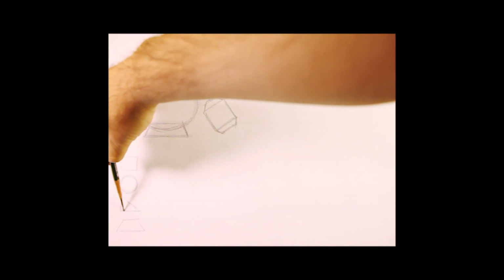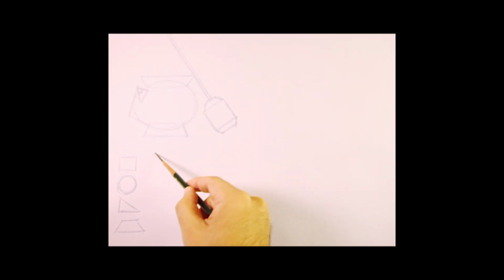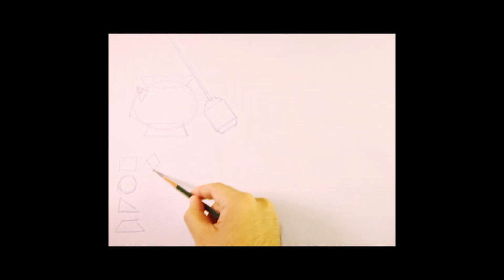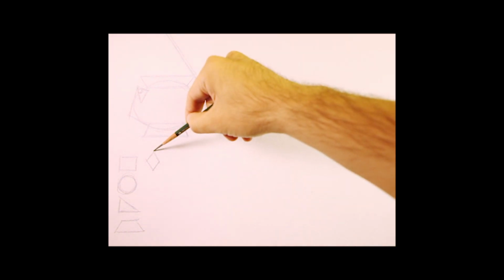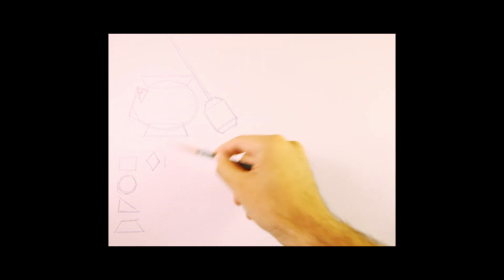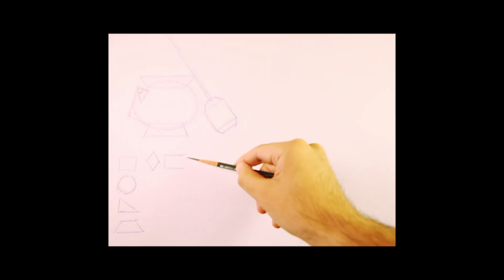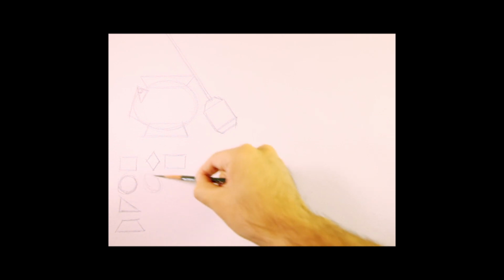Really simple shapes. This indicates diamond shapes or rectangle, any direction. This is the family group, and here, which is oval, any directions.